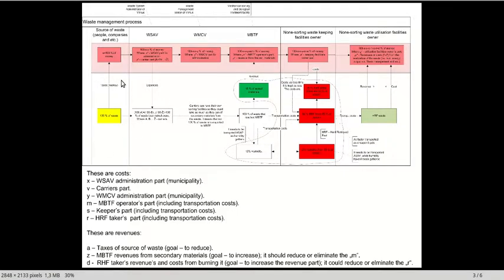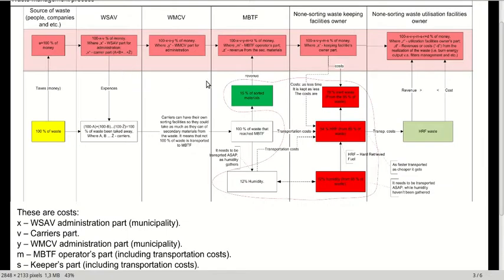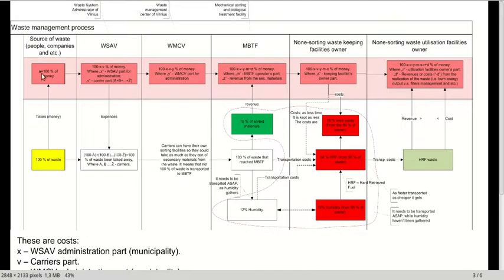Alright, so what I drew here is the diagram, which consists of two parts. One in rosy, pinky color. It means the flow of money.